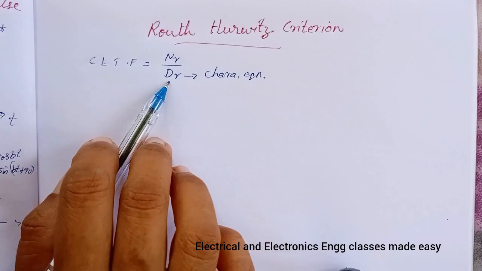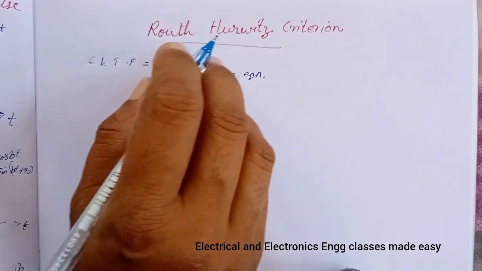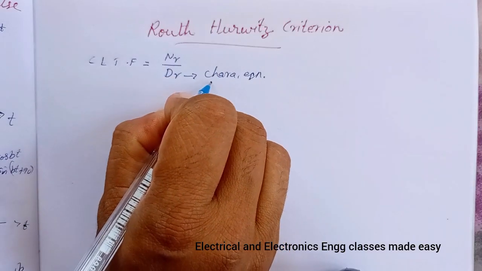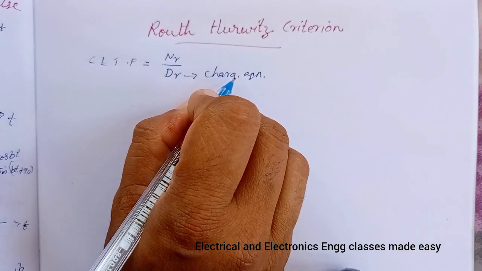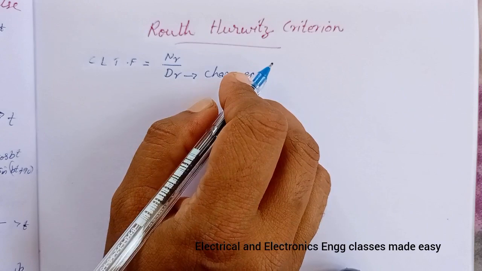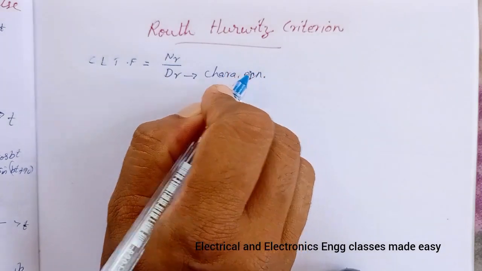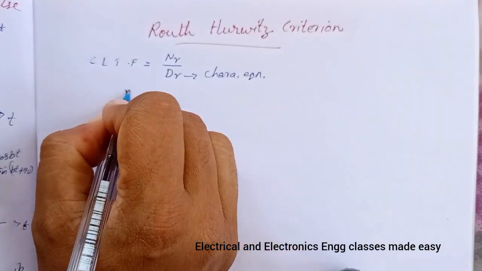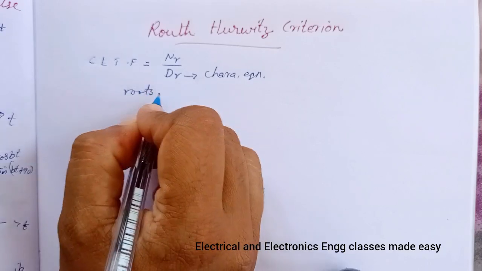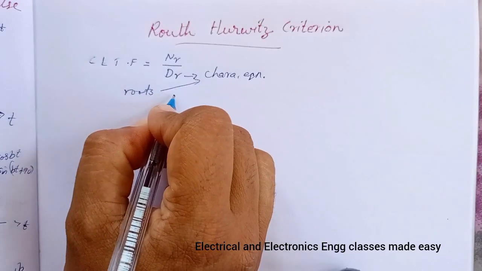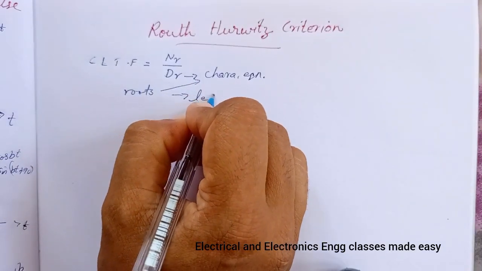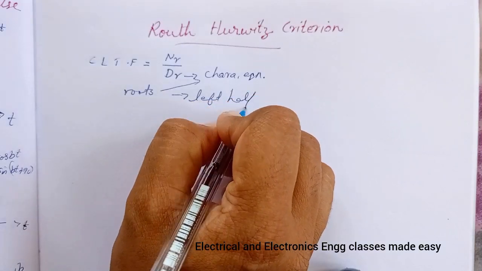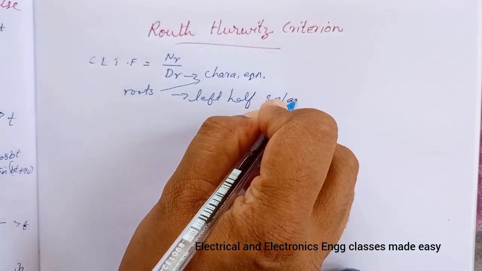And the roots of the characteristic equation of a stable system should lie on the left half of the S plane.